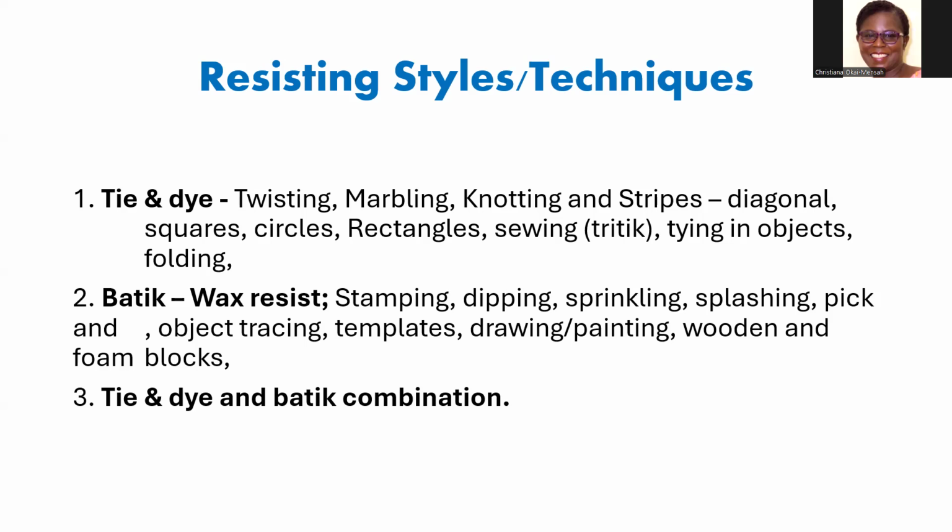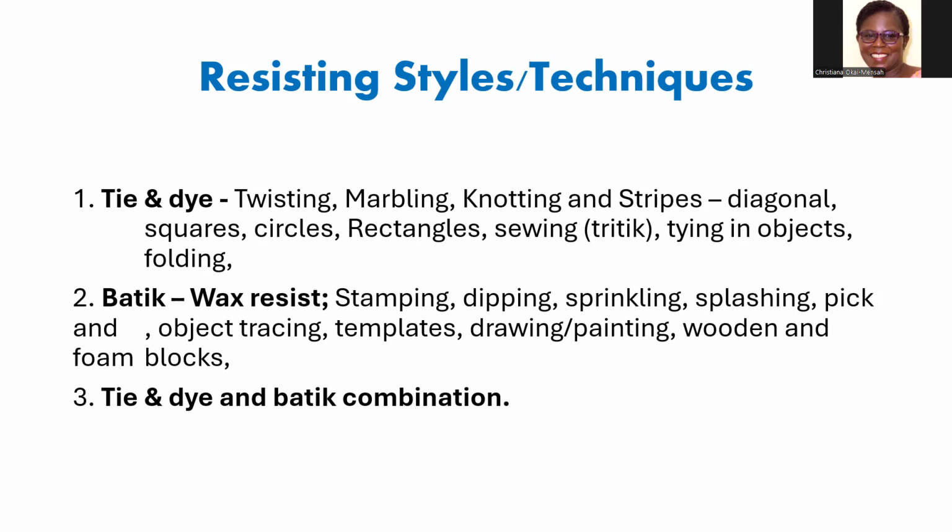Then we can also sew the fabric. Sewing comes in when you want a very intricate design. Then there is also tying in objects and folding, where you put maybe a bottle cover inside the fabric, then you tie it, creating a very nice design, just like the bottle top.